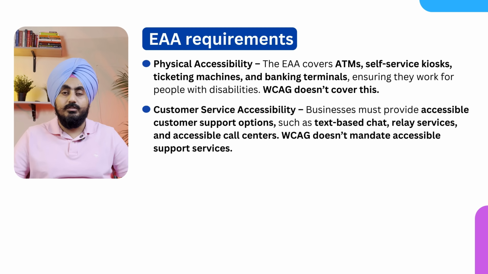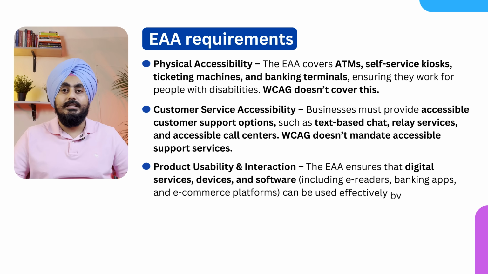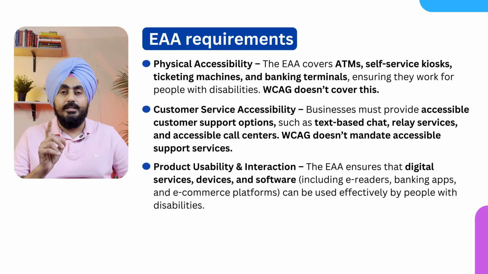Again, WCAG does not mandate accessible support services. Product usability and interaction: the EAA ensures that digital services, devices, and software, including e-readers, banking apps, and e-commerce platforms, can be used effectively by people with disabilities.